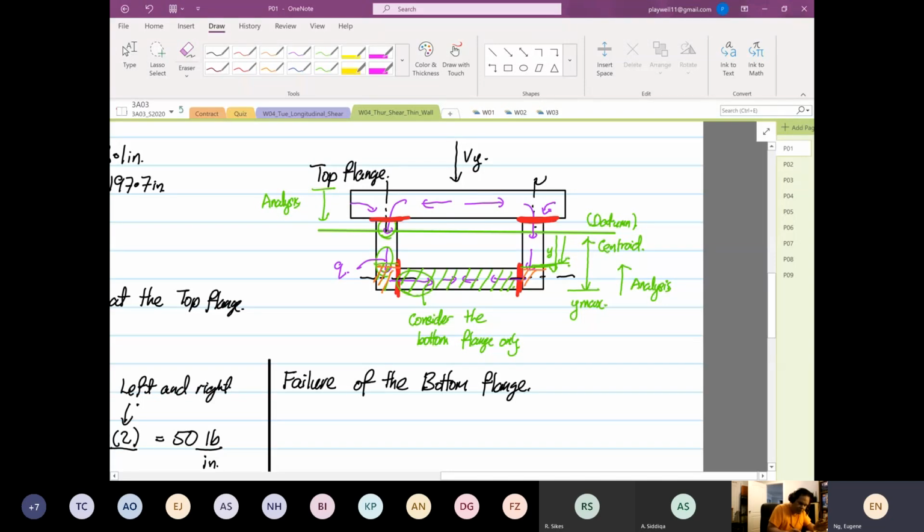Why you don't include the area that I shaded in red is because the fastener is only to transmit the load. The bottom flange will distribute the load. You have to be very critical about this. The bottom flange will distribute the load.